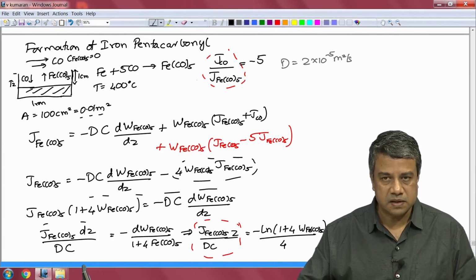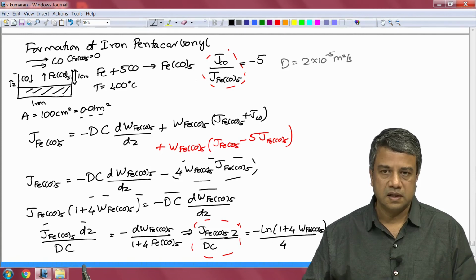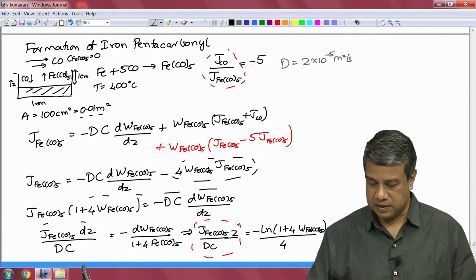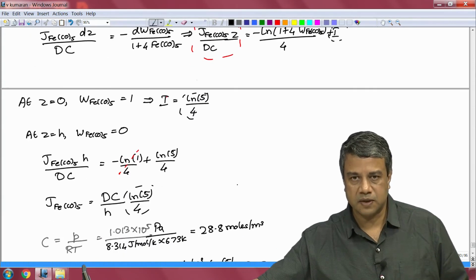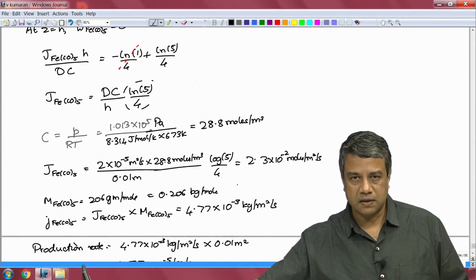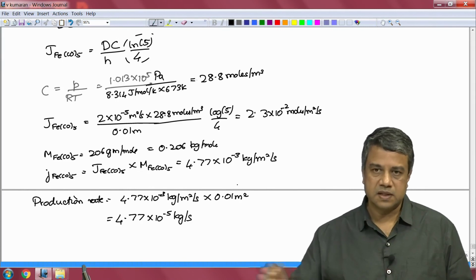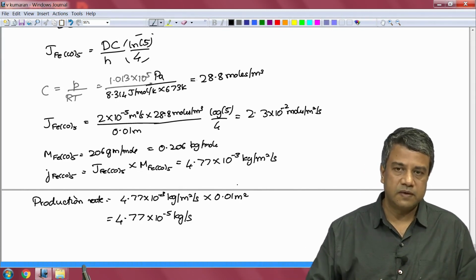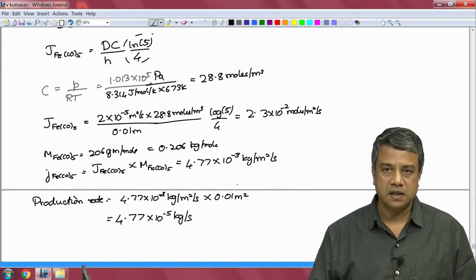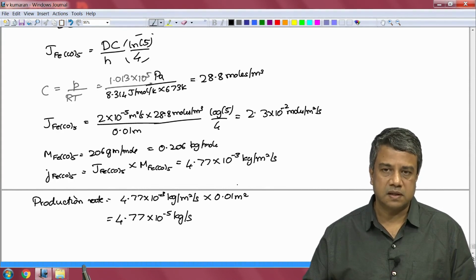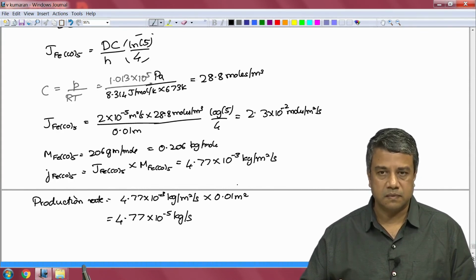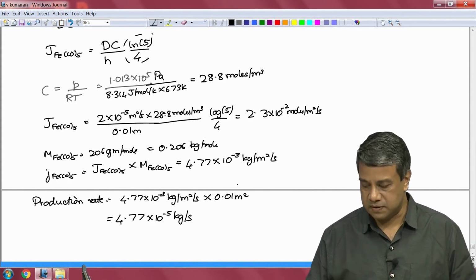Iron pentacarbonyl concentration is 0 at the top surface, and if you know the diffusion coefficients, then we can use that and the molar concentration at that particular pressure in order to calculate the production rate. So, this is an example where the mean velocity due to the diffusive flux is important, has to be taken into account, and if we do that, we can predict the rate of production in the limit where the reaction is very fast.